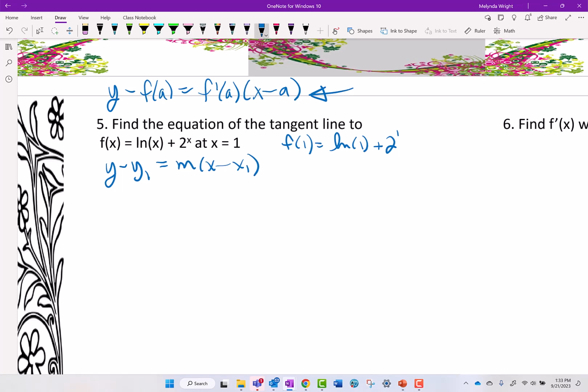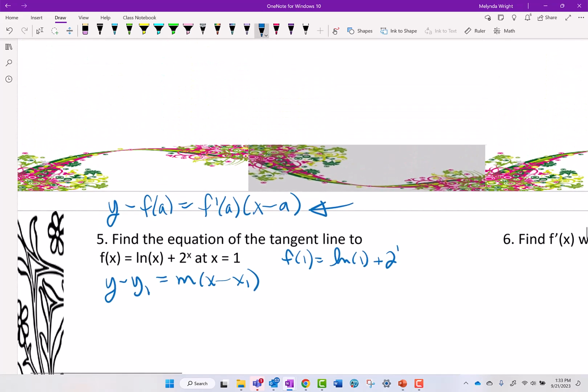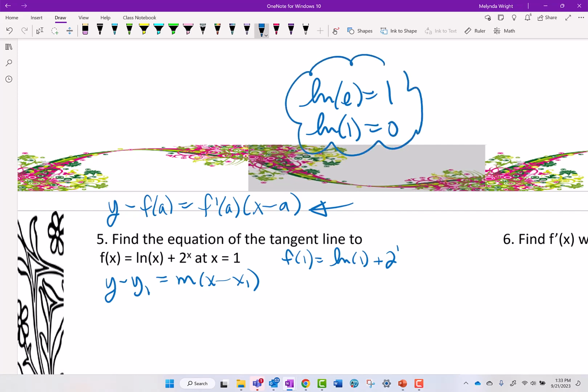We have to know that. Put it on your memory work. That's non-negotiable because it's going to pop up in problems. So I'll just write them here: ln of e is 1, and ln of 1 is 0. These are just values that we have to have in our brain.